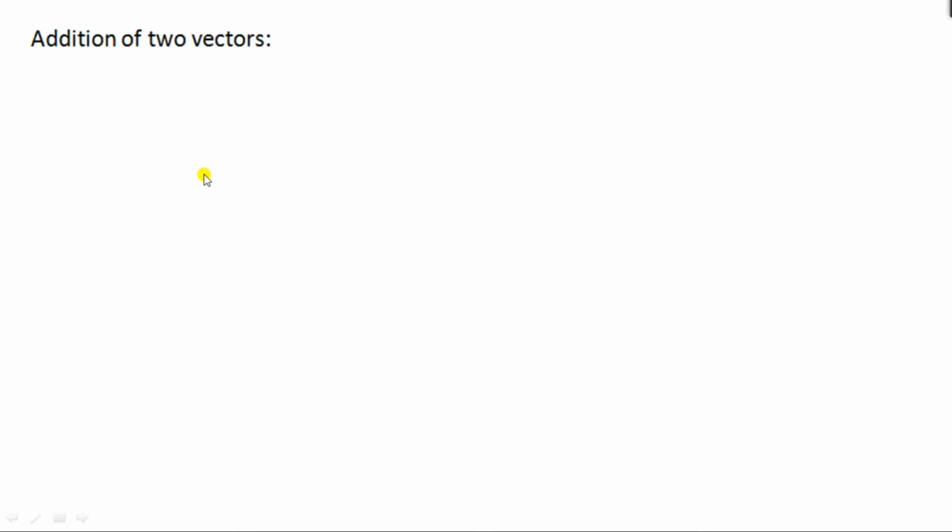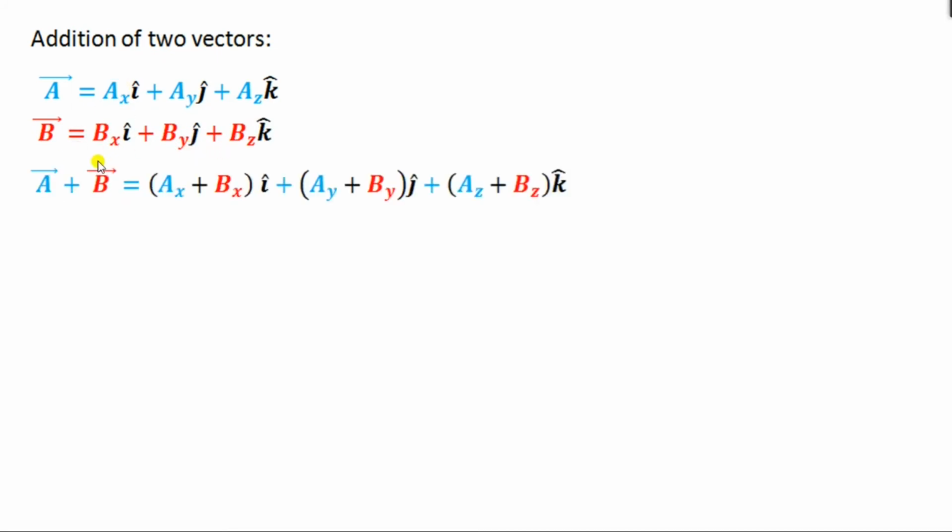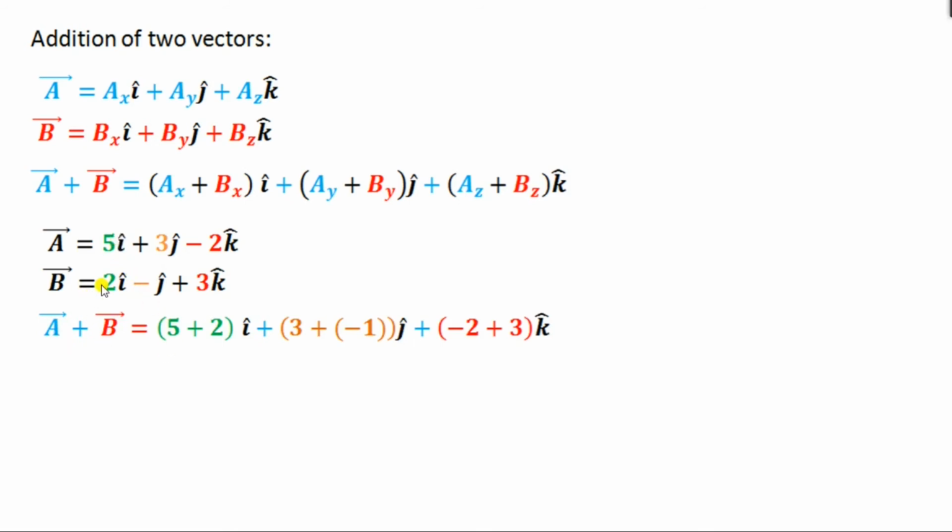Now, addition of two vectors. Suppose this is vector A and suppose this is vector B. When we add two vectors we just add the like terms. So it is (ax plus bx)i plus (ay plus by)j plus (az plus bz)k. Let's take an example. A plus B is (5 plus 2)i plus (3 minus 1)j plus (minus 2 plus 3)k.